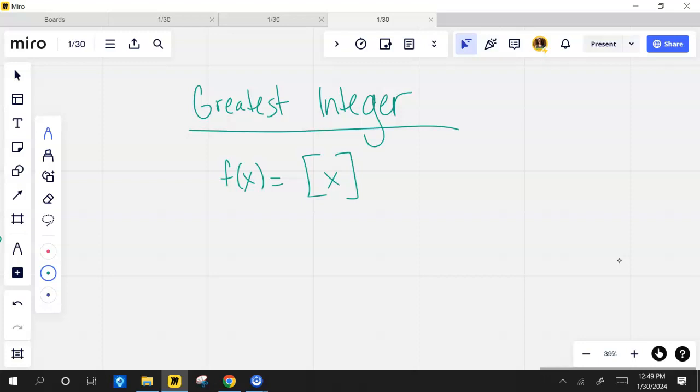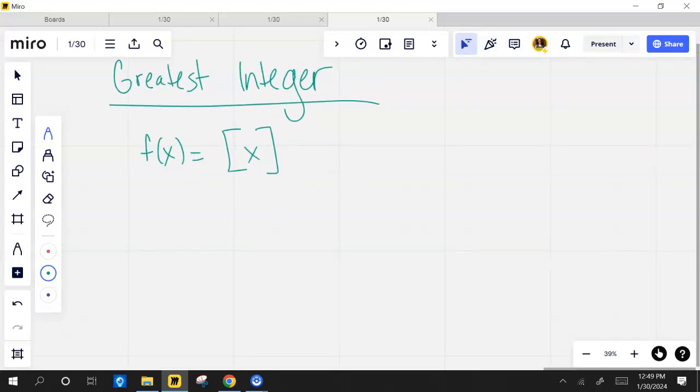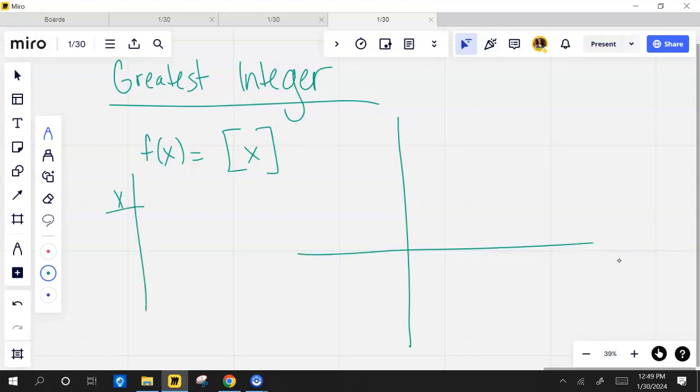Okay, and I want to take just a minute because we used to focus on this in Algebra 2 a lot and we kind of got away from it. It comes up every now and then in calculus. This says whatever value x has, round that down to the closest integer below it to get y.